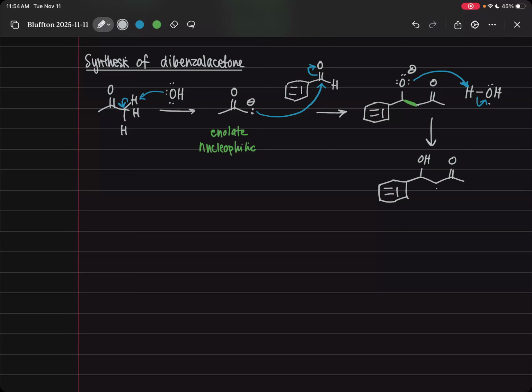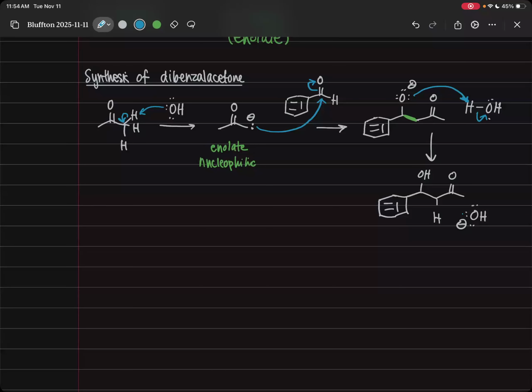Now we've got to do a condensation. And we do that by deprotonating at the alpha carbon again, just like we were going to make an enolate.